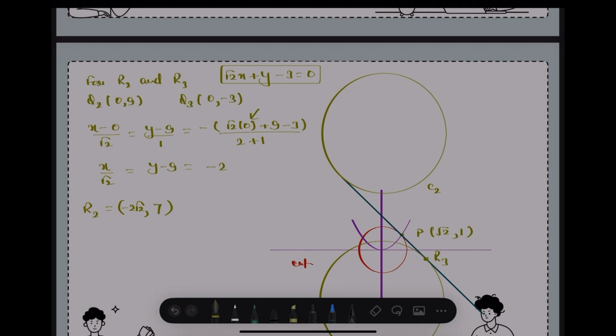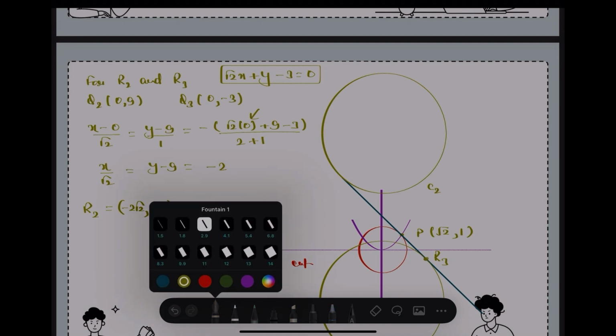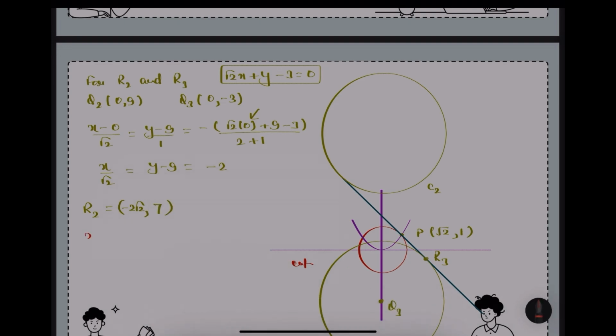Now I'll go with R3 again. Same concept. X minus x1 by a equals y minus y1, minus 3, by b equals minus point satisfaction by a square plus b square.